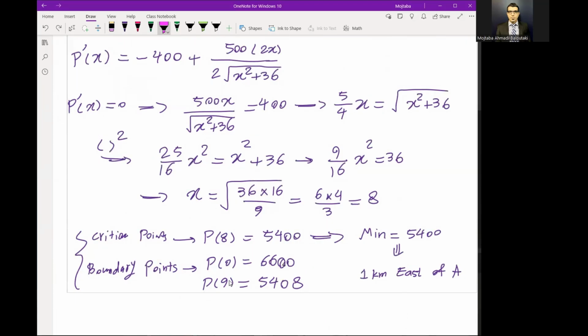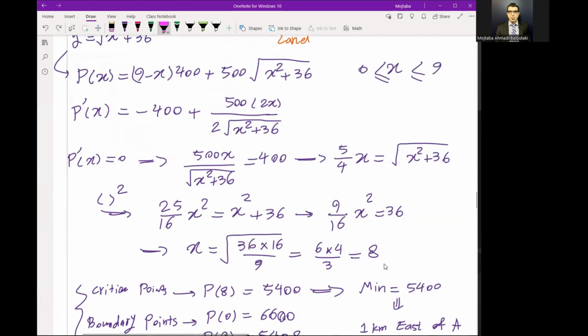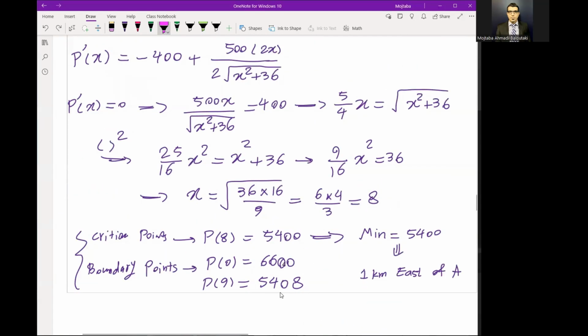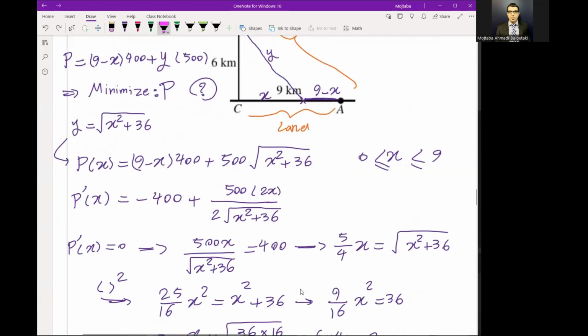If we plug in 9, we get 5,408, right? As you can see, very, very close to that. But this will give us the minimum amount, right? So that would be only 1 kilometer, right, east of this A, right? If we went with this 9, we're only paying $8 more, right?